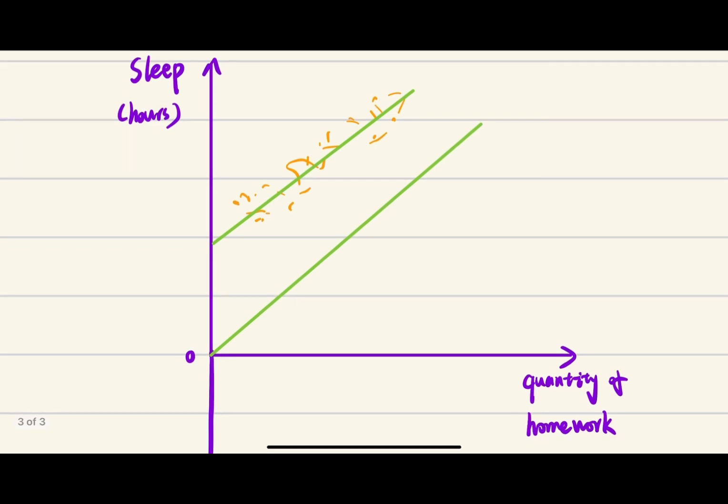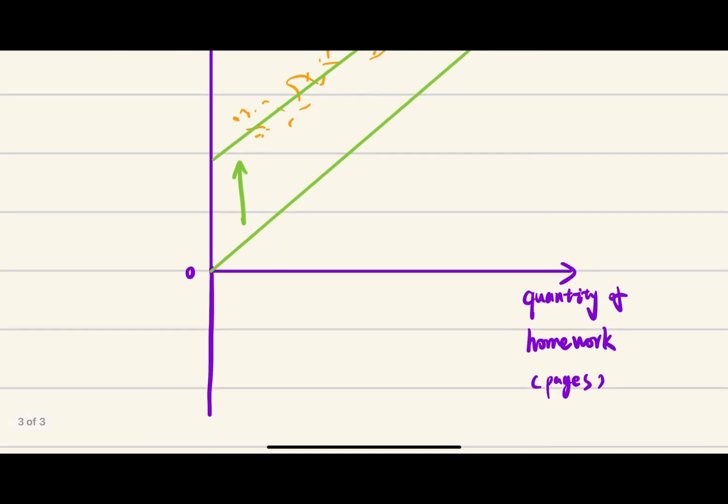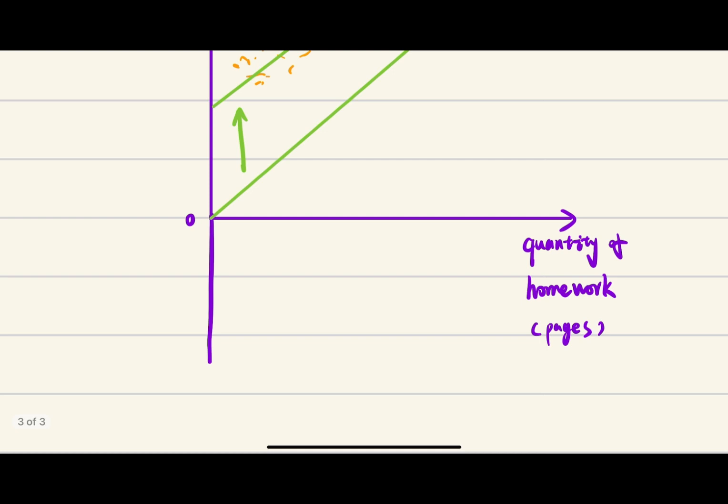So you know that, relative to the theoretical value, the measurements that I'm getting have a systematic error. It's always higher, or it can also be always lower.